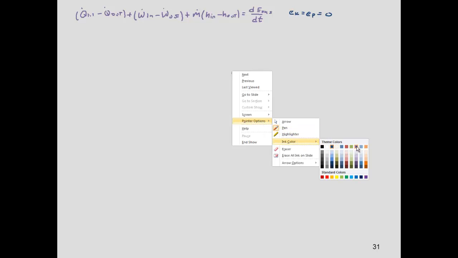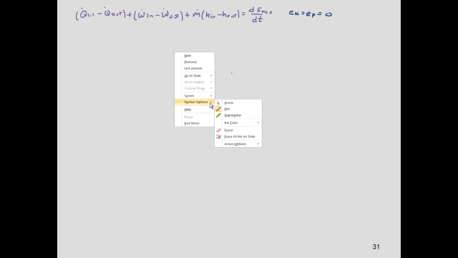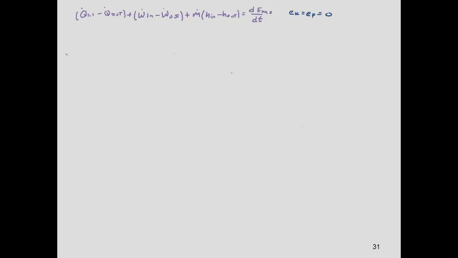So going back to the analysis, we are going to analyze first of all the compressor. So for the compressor, since it's isentropic, we know that heat transfer is 0, and we are adding work.